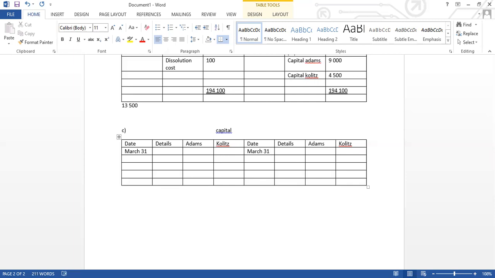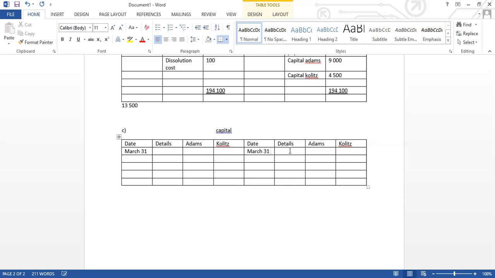So what do we first record in the capital account? Opening balance. Their balances. Now let's go to our capital balances.